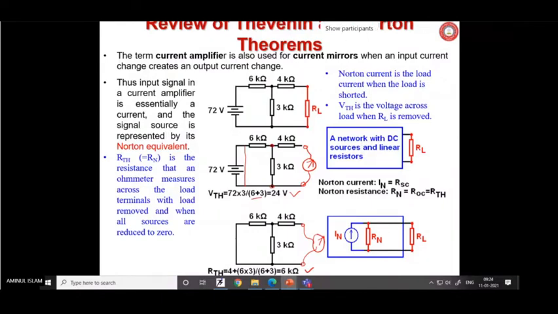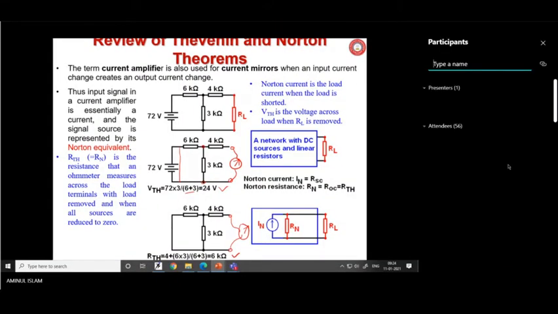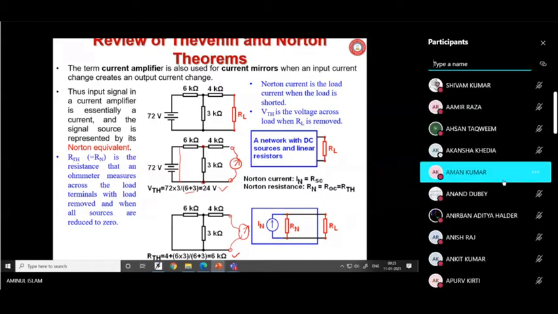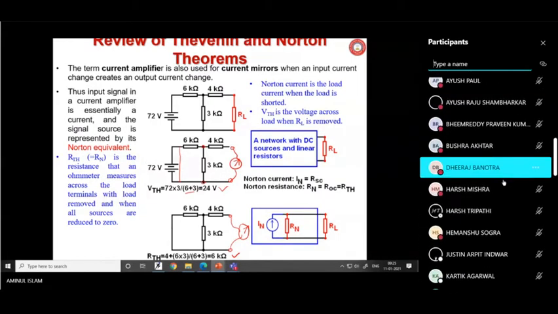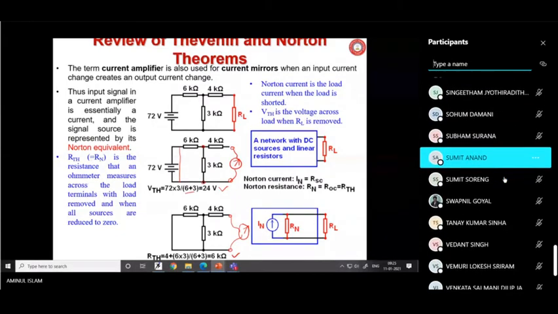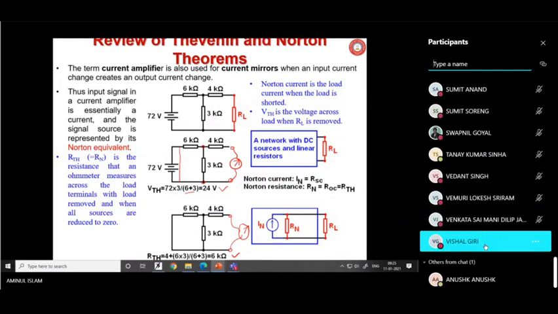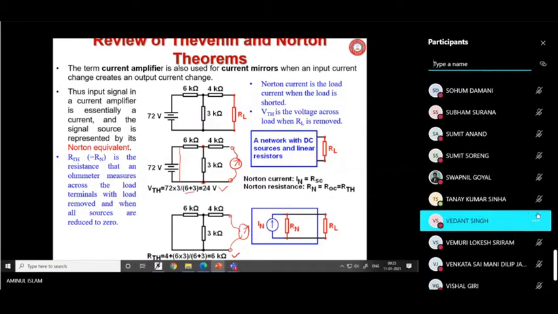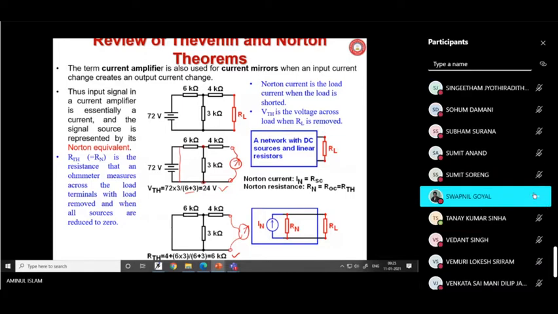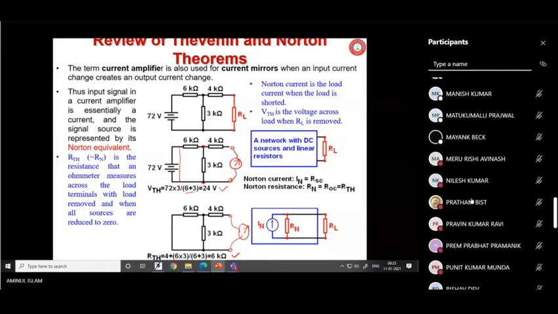I mean, put a short or wire across the voltage source. If there is a current source, then you have to remove it, meaning it is open circuited. Voltage source is short circuited, current source is open circuited. Then you can find out the resistance RTH.